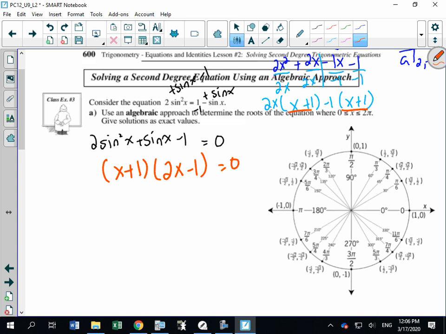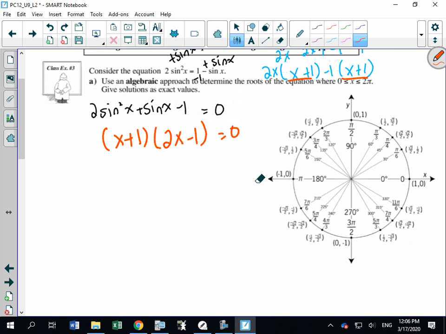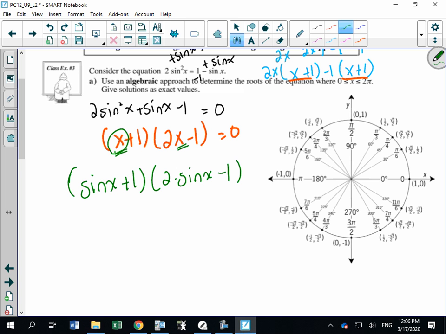Because we're solving, you always set it equal to 0. Go through and put in a sine of x every time for what I replaced it with. So my solution is, sorry for this guy here. Okay, x with sine of x. So sine of x plus 1, 2 times sine of x minus 1 is equal to 0.